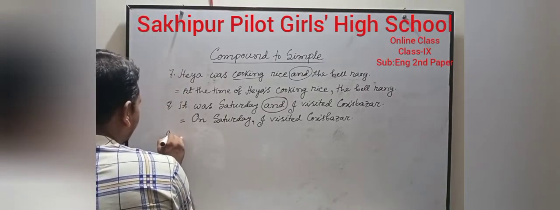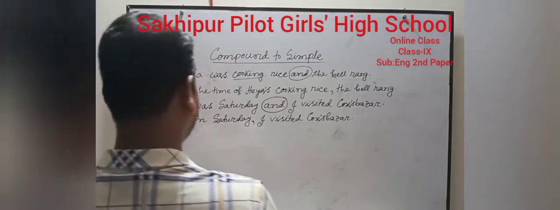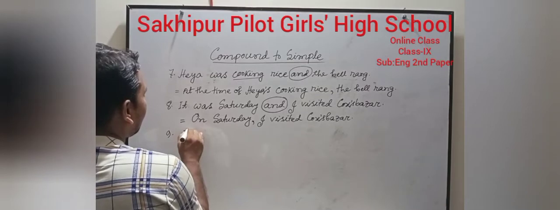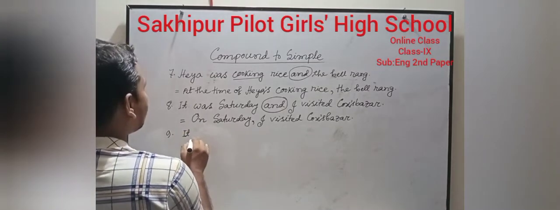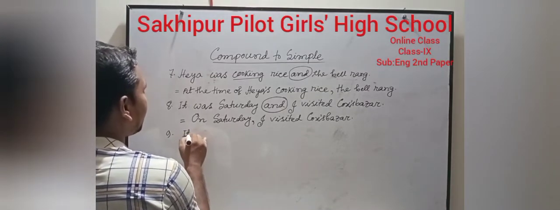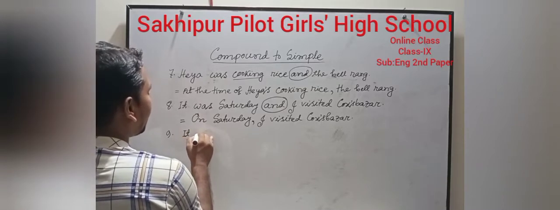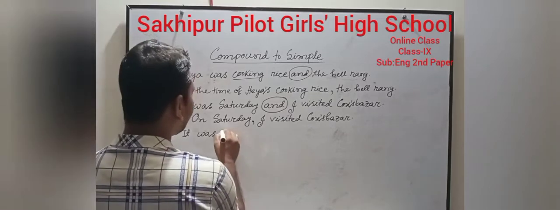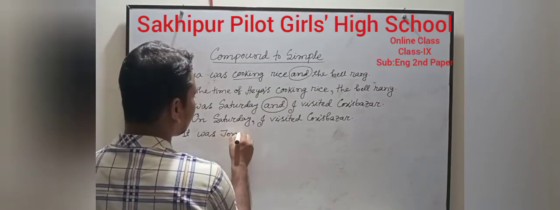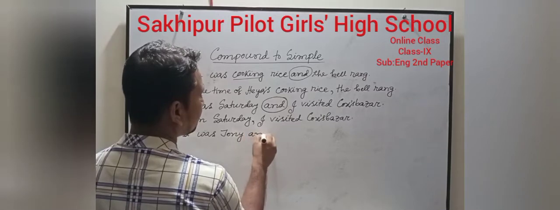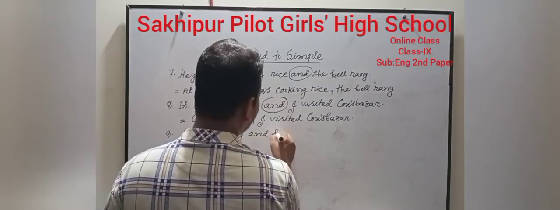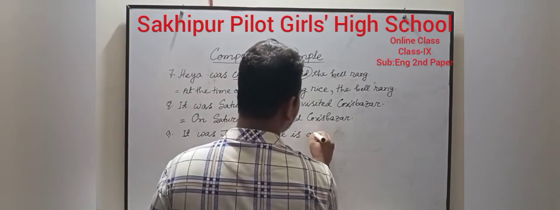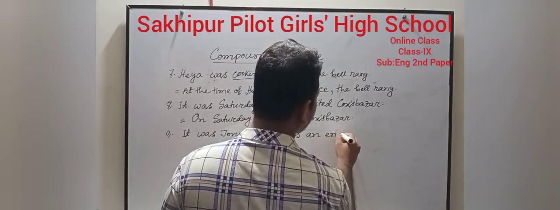Rule 9. If the compound sentence begin with it, introductory it or impersonal it, was Johnny and he is an engineer.